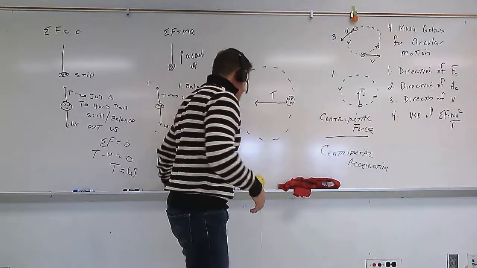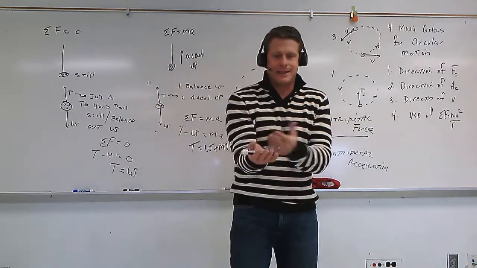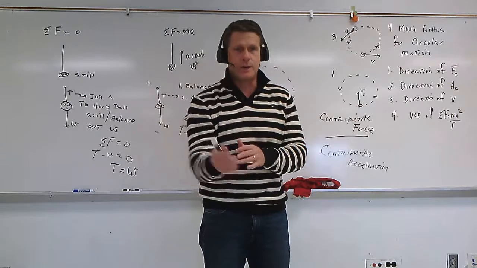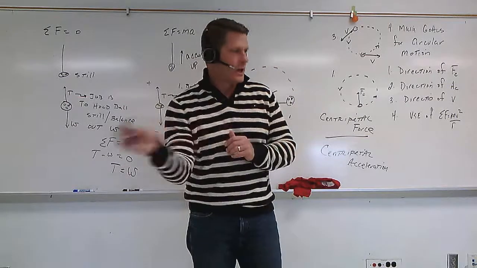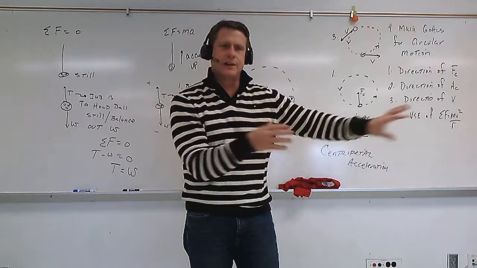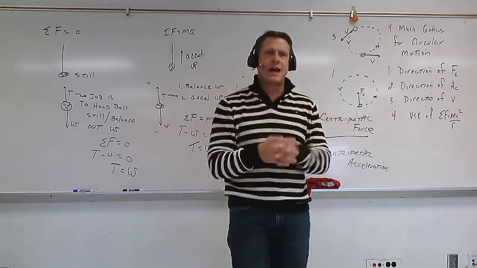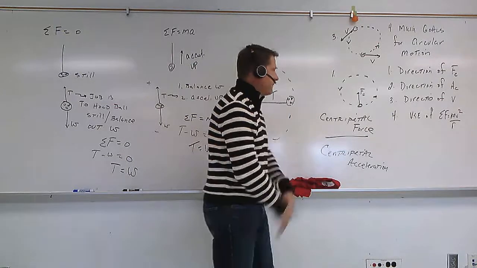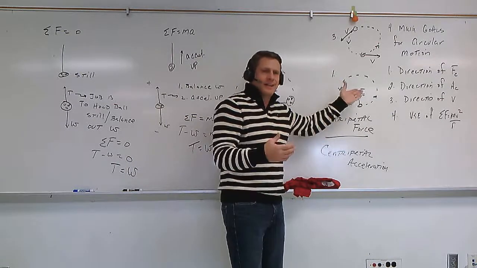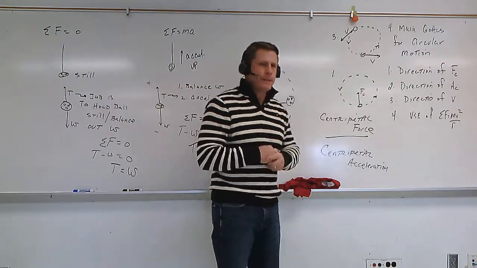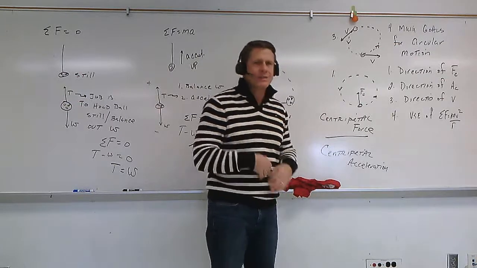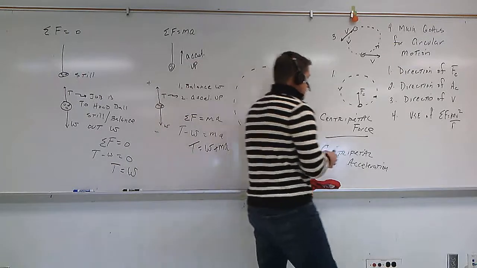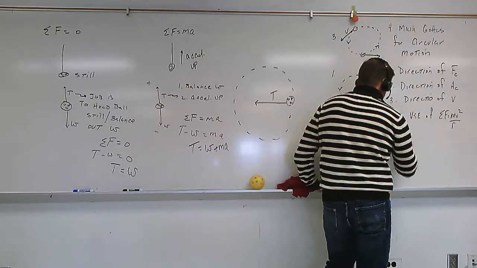In other words, if I wanted to accelerate this marker upwards, I would exert a force up. If I wanted to accelerate it in this direction, I would exert a force in that direction. Accelerations happen in the direction of net forces. So our net force, or acting centripetally, our centripetal force, goes towards the center of the circle. Guess what? Our centripetal acceleration is also directed towards the center of the circle.